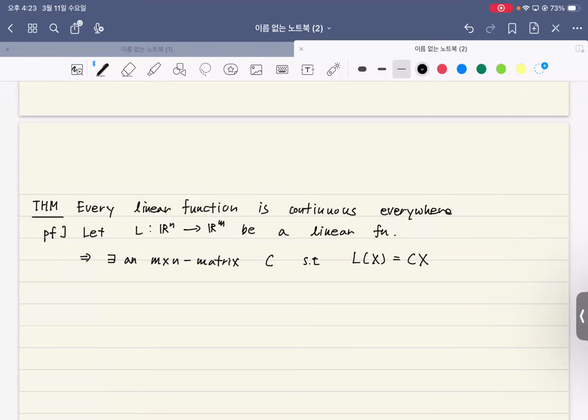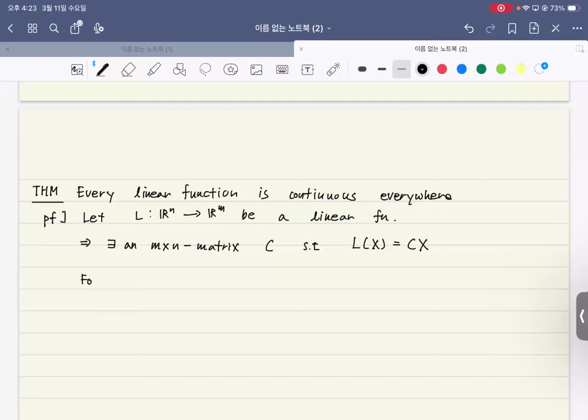The existence of such a matrix is guaranteed. Now, for any epsilon, we choose our delta to be 1 over C times epsilon. What is C? This is nothing but the matrix norm of this matrix. Do you remember the matrix norm?